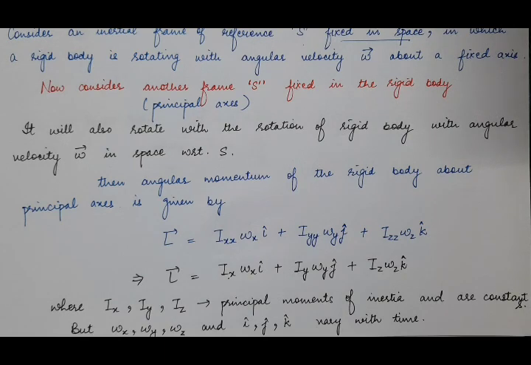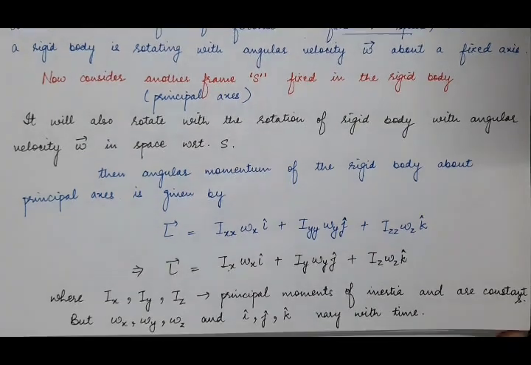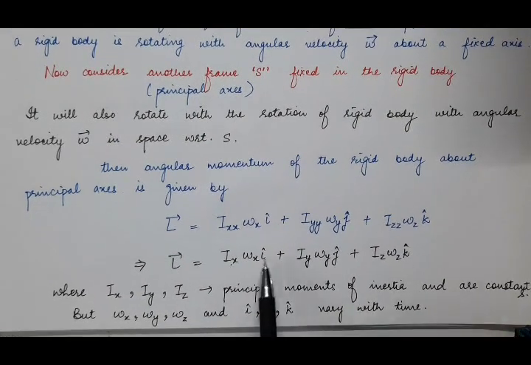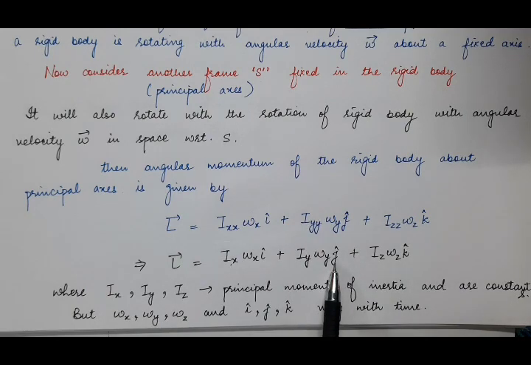But as the body is rotating in frame S, and these i cap, j cap, k cap are the unit vectors of frame S dash, and as the frame S dash is rotating with respect to frame S, the values of i dash, j dash, k dash will change because their direction will change.